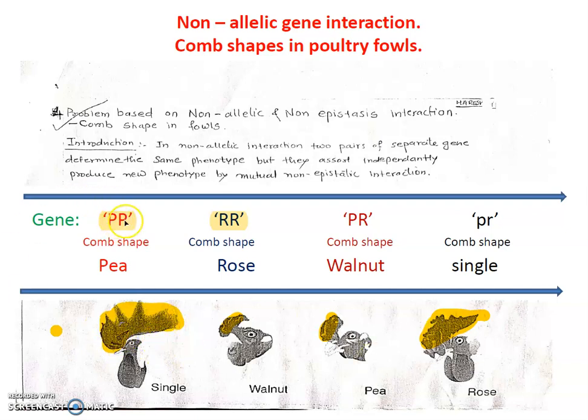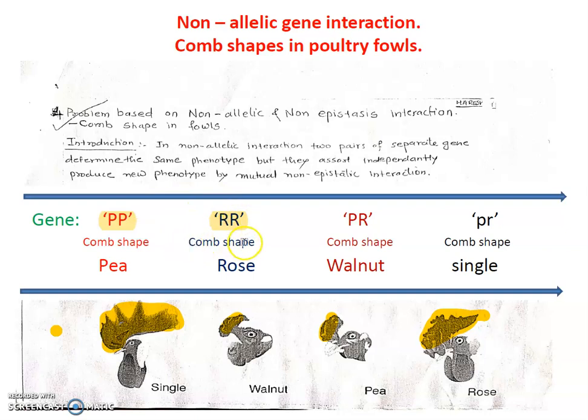So gene P produces enzymes, and due to that enzyme activity the P shape is developed if the other genes are absent or in the recessive form. Suppose P and R both genes produce comb shape.